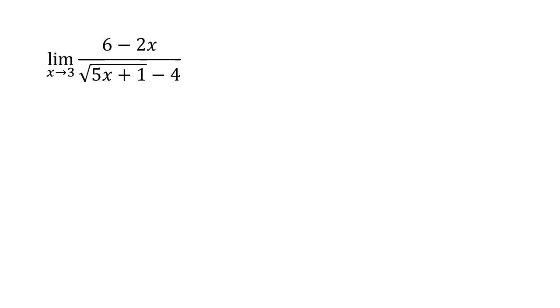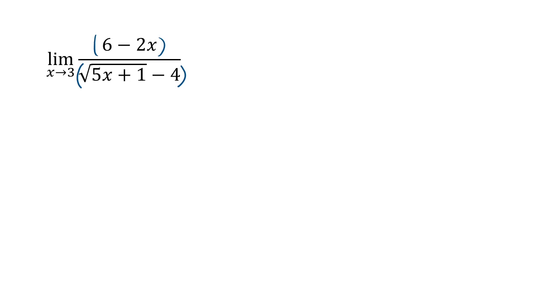So what is the trick for dealing with such a limit? The trick is to multiply by what we call the conjugate of the one that has the square root. So here's the part with the square root. It could be square root minus a number or something without a square root. You might have something minus a square root, or even a square root minus a square root.